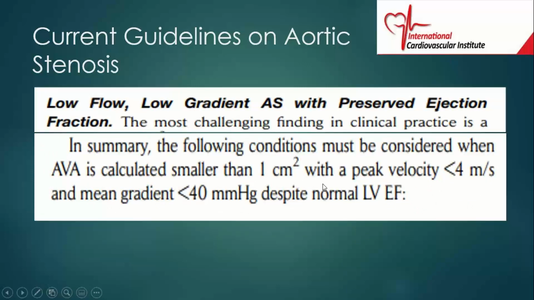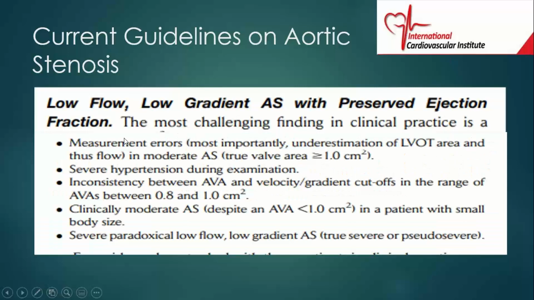So you go through your assessment. What you're going to look for in these patients is, is it a measurement error? So you always ask, did I do something, or did the technician do something? So you're going to look at the LVOT and valve area. You're going to recheck that. Okay, did the patient have severe hypertension during the examination?